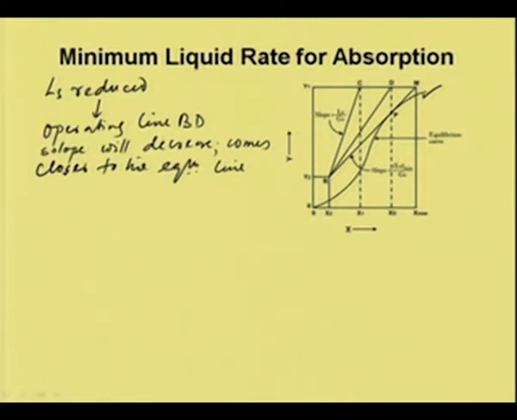So, in this case, the operating line coming closer to the equilibrium line means the driving force for mass transfer is reduced.